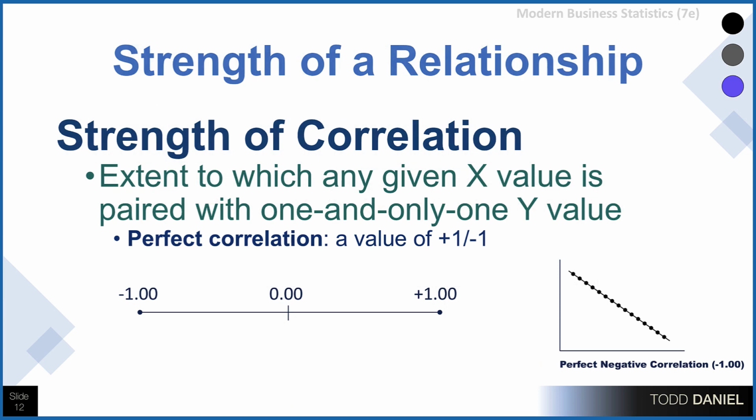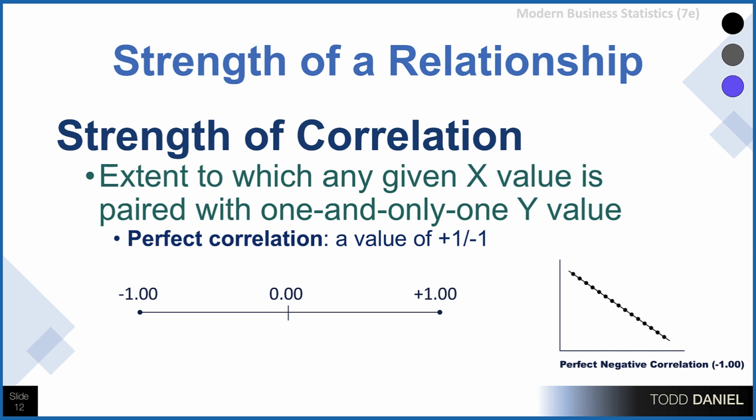The strength of the correlation is the extent to which any given x value, any predictor value, is paired with one and only one y value. If there is a perfect correlation between variables, all of the dots will fall on that straight line. Every dot will be on the regression line.